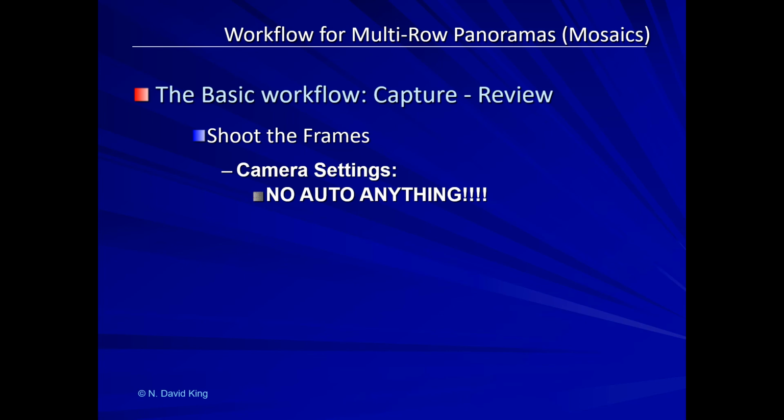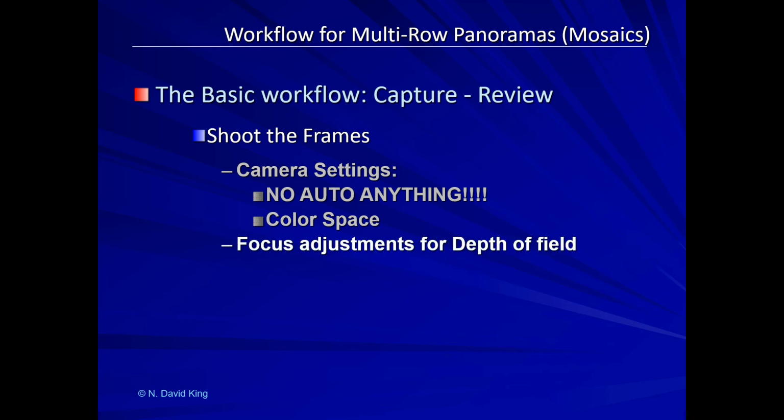Shoot this on manual. Make sure it's correct. No auto color space. No focus adjustments during the shot. If you want to do a stack of these, you can. It does add some real sport to it, but you can do it. And it's been done a number of times. But for this first one especially, please make it simple on yourself. Do it all on manual with no changes.